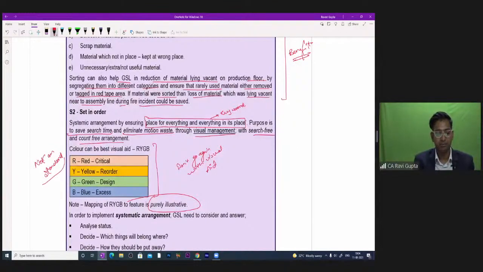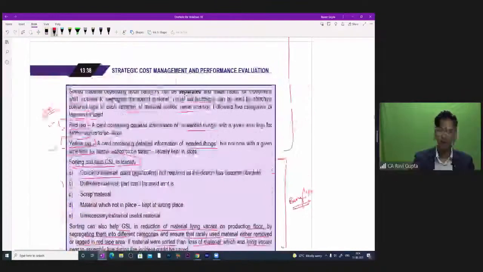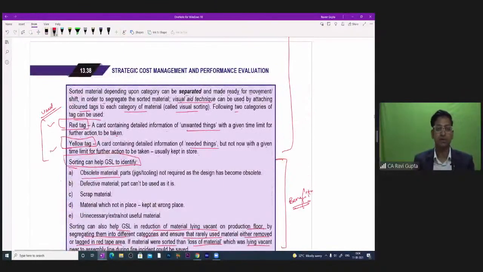It is purely illustrative, right? But yes, this is mandatory and really applied. This is practically applied: we place a red tag, we place a yellow tag.